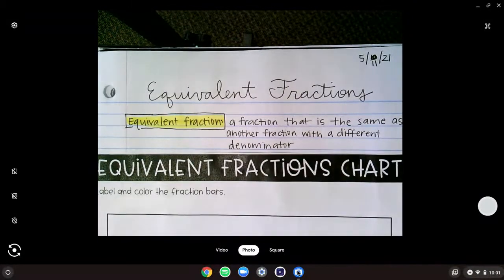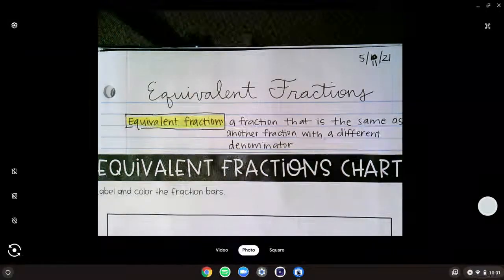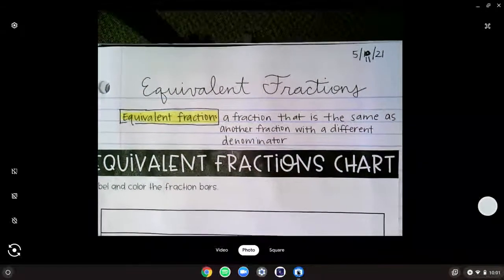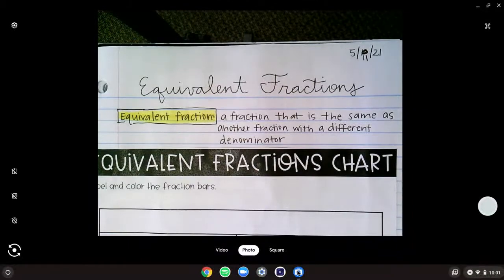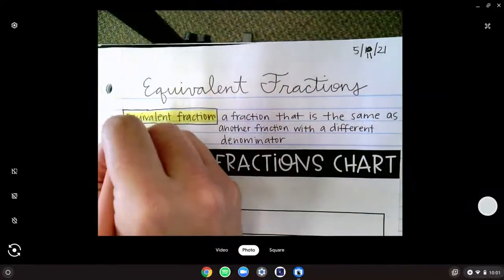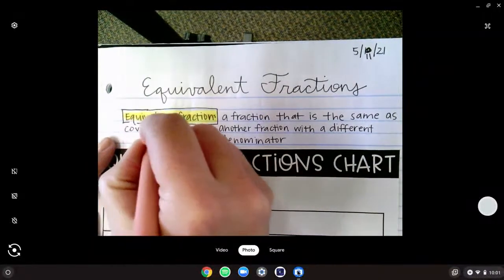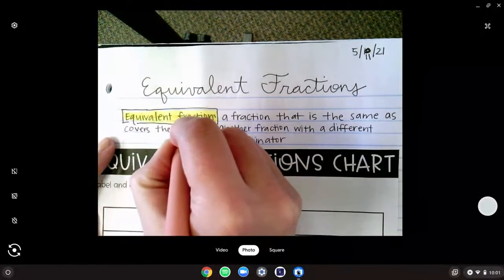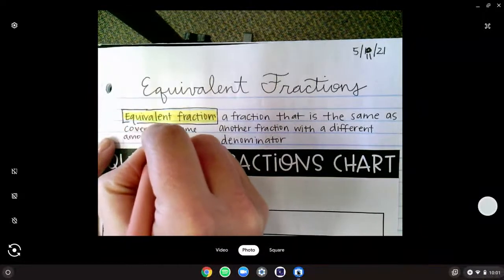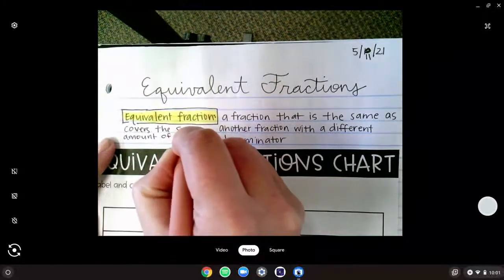So that means the number below, the denominator, will be different. You also might want to write down, what did I just say? Covers the same amount of space.